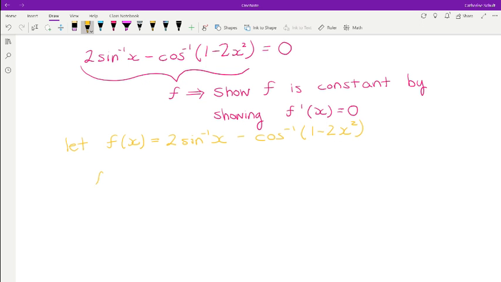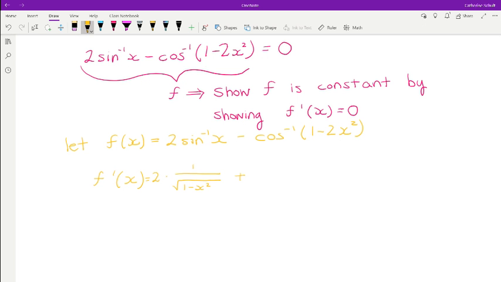And now we take the derivative. The derivative of the inverse sine is 1 over the square root. And then we have to use the chain rule here.